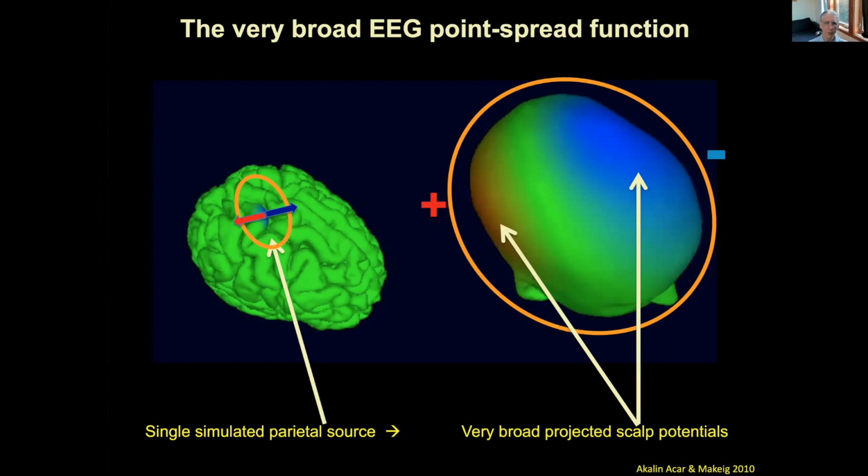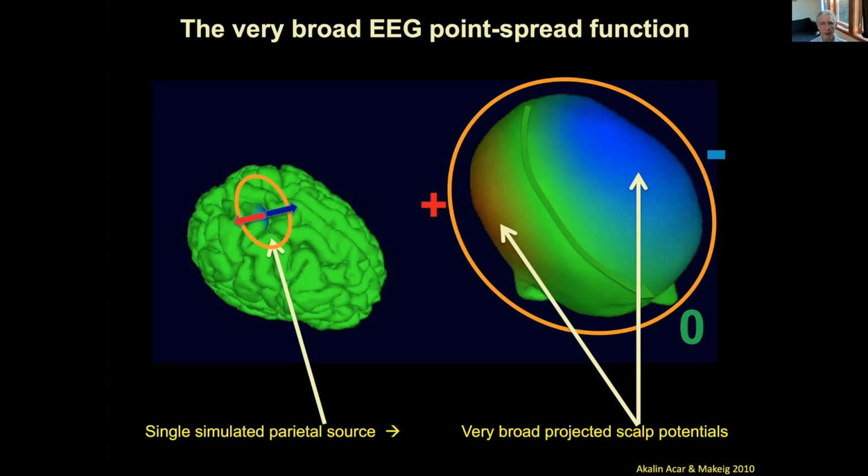Every portion of cortex projects to the whole scalp, except perhaps some sort of equator line where the positive and negative poles divide, so that along that line there would be no projection from that particular source. So this is a very broad point spread function. From a point on the cortex, the potential spreads to the entire scalp surface.